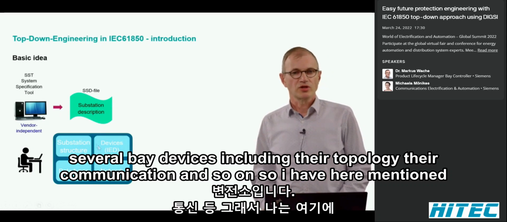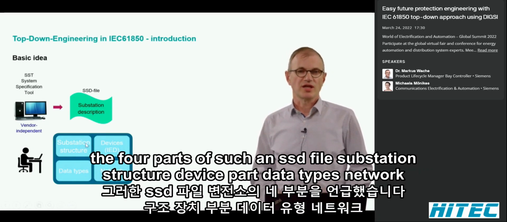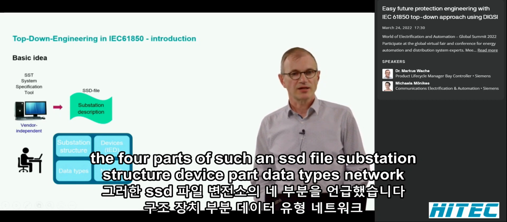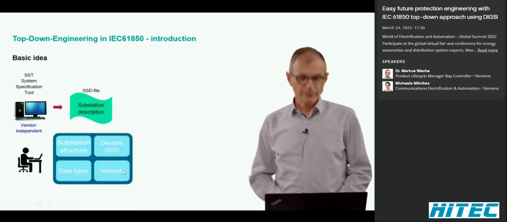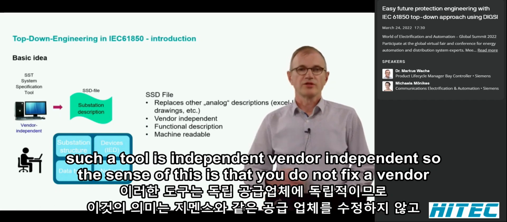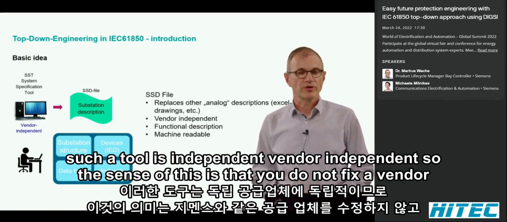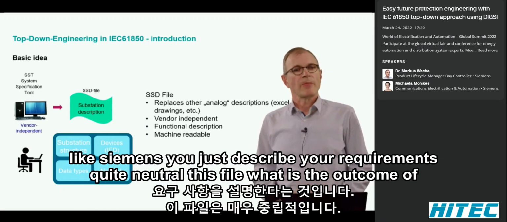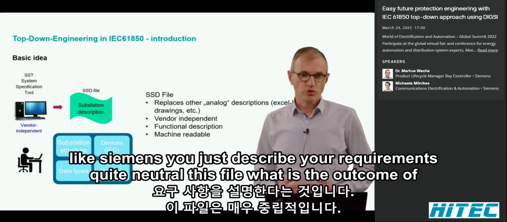I have mentioned here the 4 parts of such an SSD file: substation structure, device part, data types, network. Such a tool is vendor independent. So the sense of this is that you do not fix a vendor like Siemens. You just describe your requirements, quite neutral.